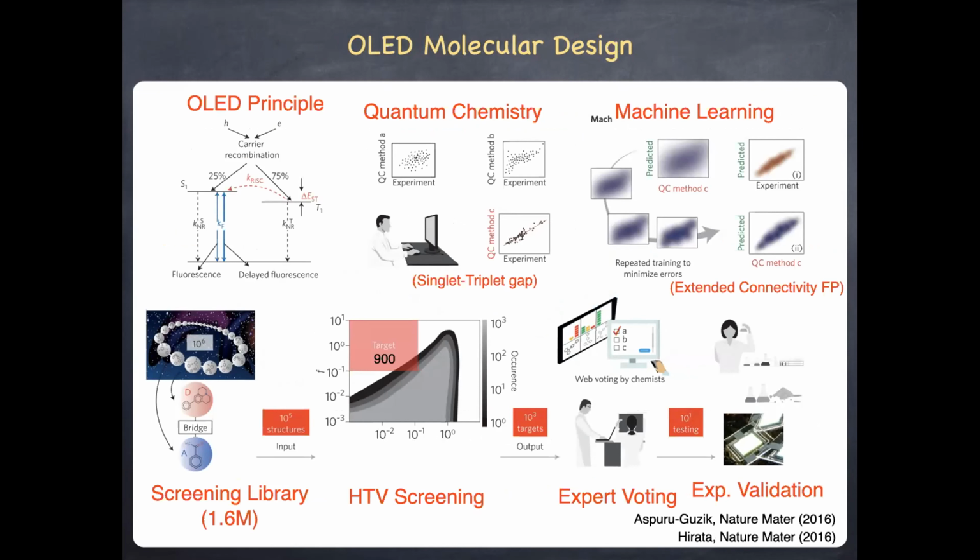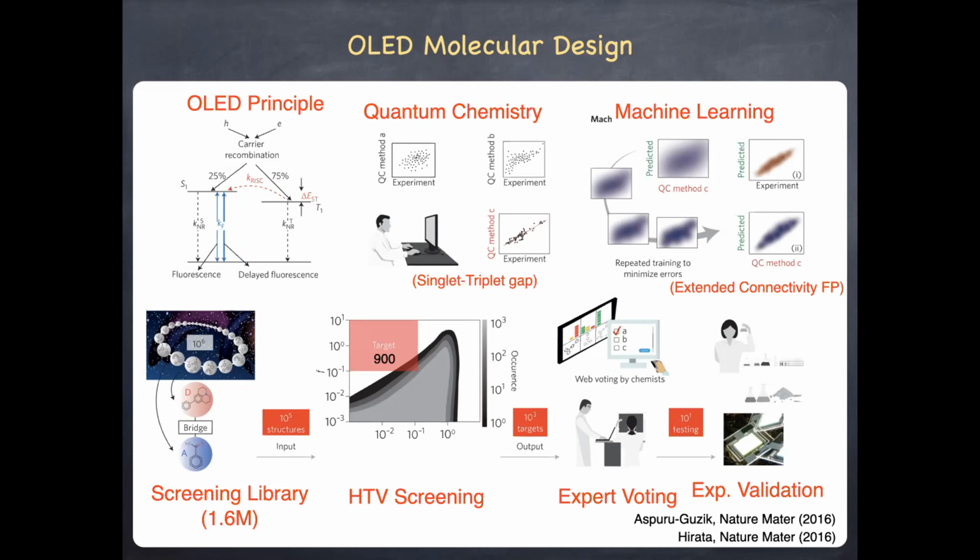In OLED, the basic design principle is to have a molecule with the right triplet energy and also small singlet-triplet gaps, because in the so-called thermally activated delayed fluorescence mechanism, the rate of fluorescence is inversely proportional to the singlet-triplet gap. And these days, quantum chemistry methods allow reasonably accurate predictions of singlet-triplet gaps for conventional molecules.